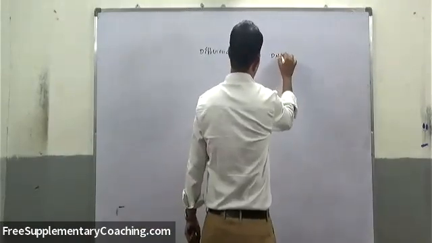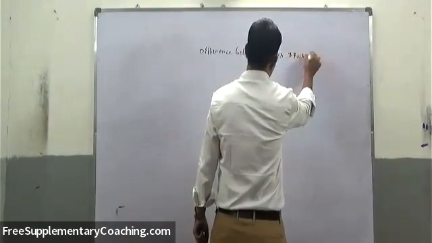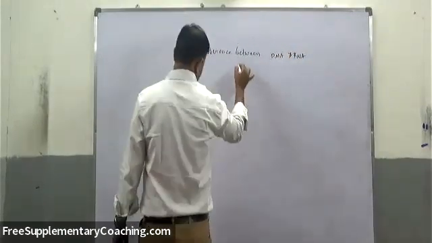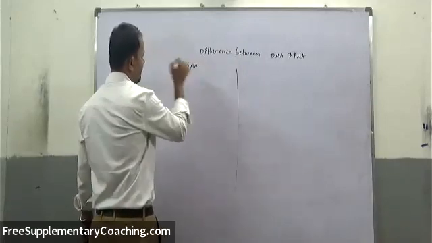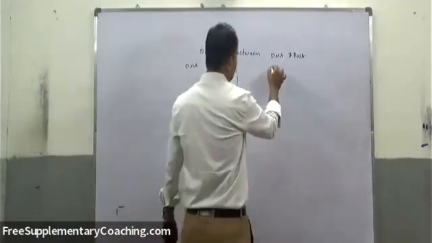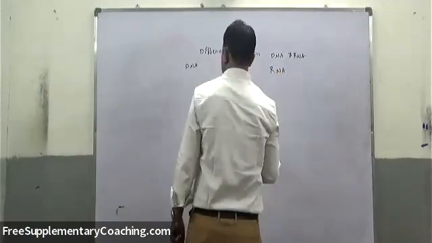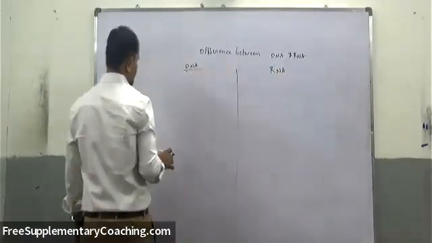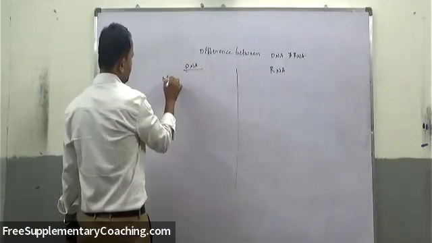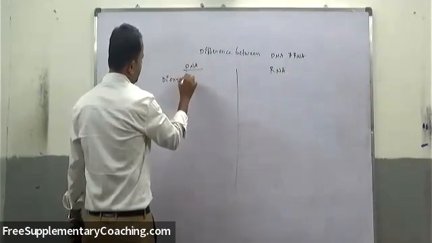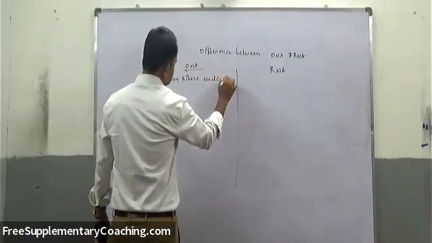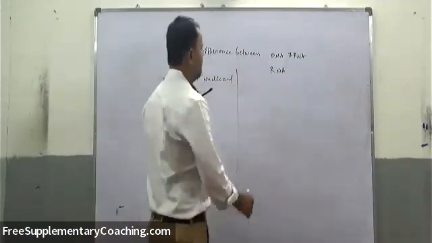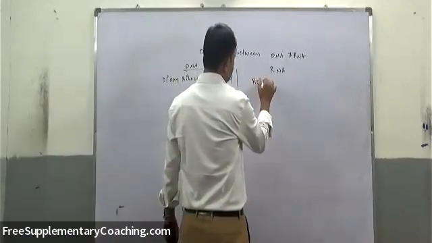Okay. Now here the first column is DNA and the second column is RNA. What is the abbreviation of DNA? Deoxyribose nucleic acid. RNA is ribose nucleic acid.